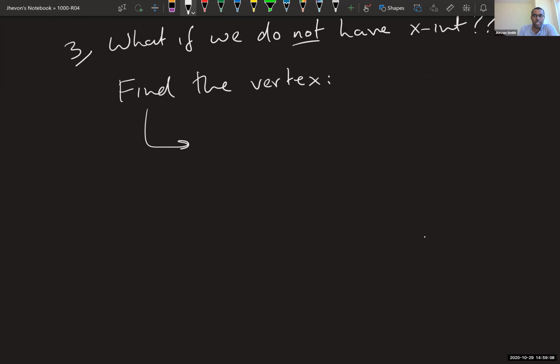How do you find the vertex? x equals negative b divided by 2a. Right, so the x value for the vertex would be negative b divided by 2a. Then you can plug this in to find the y.